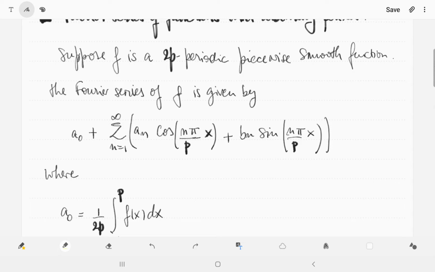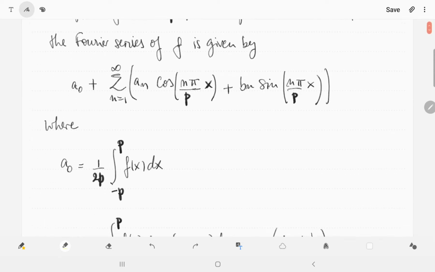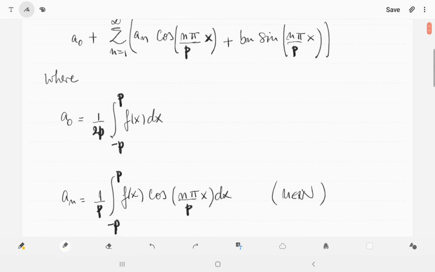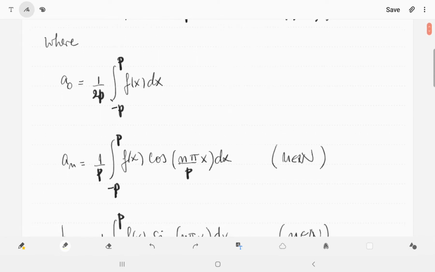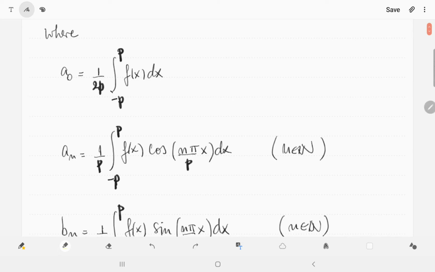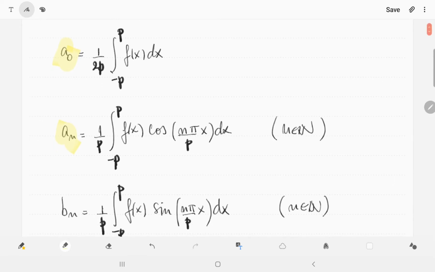So assuming we have a 2p periodic function, we have this Fourier series representation of f, and we know how to compute these coefficients, the Fourier coefficients of f, with the Euler formulas that we saw last lecture. They are given by these integrals here.